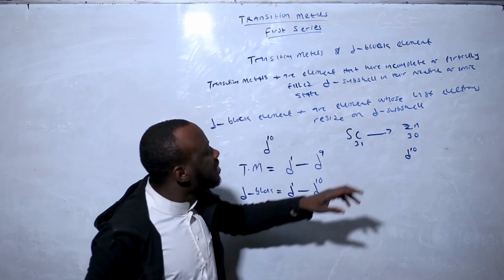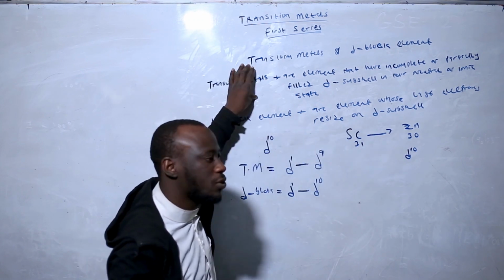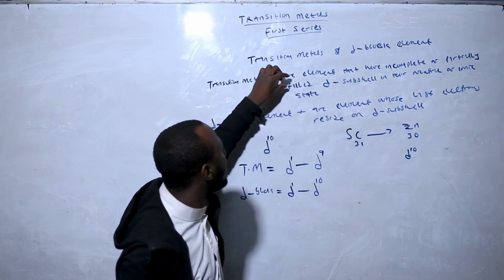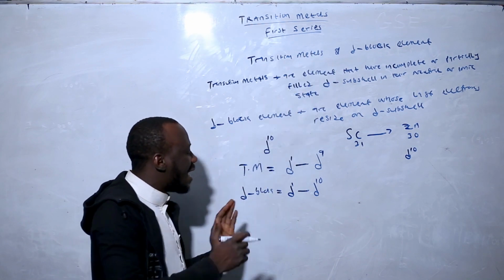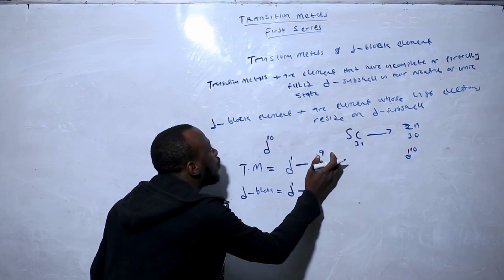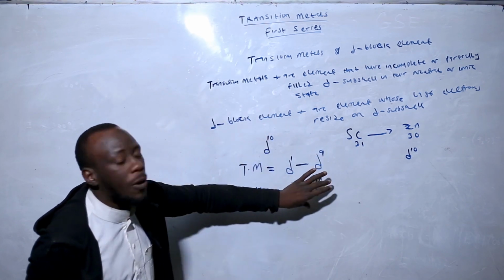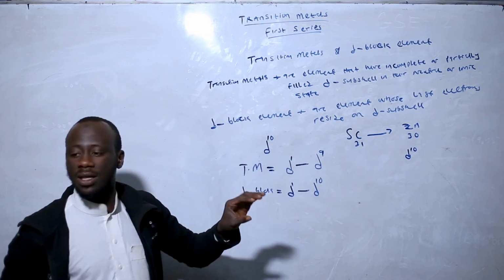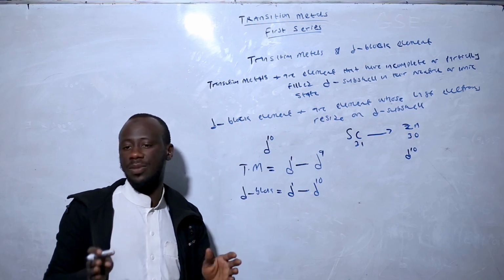This means that zinc is a d block element, but not a transition element, because this does not fall under the definition. So any element that has configuration ranging from 1 to 9 is a transition metal. But when the d is complete, meaning it has 10 electrons, this element is not a transition element.